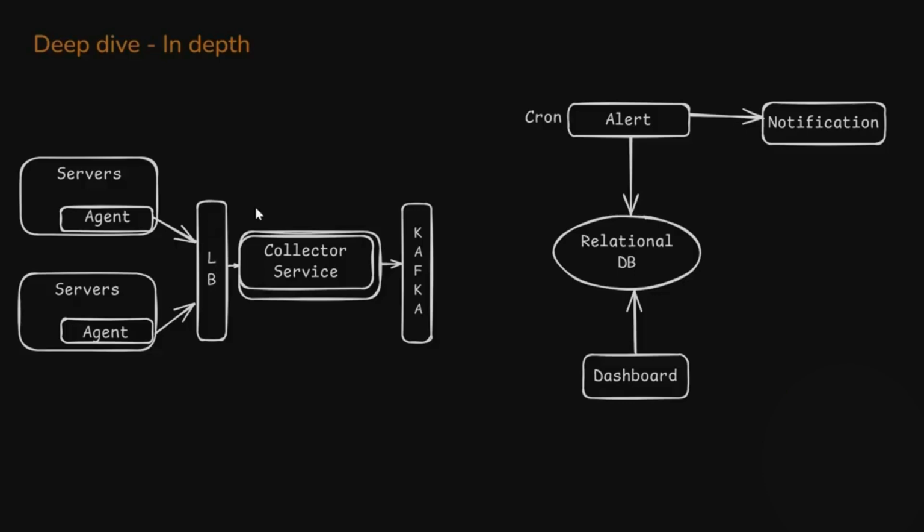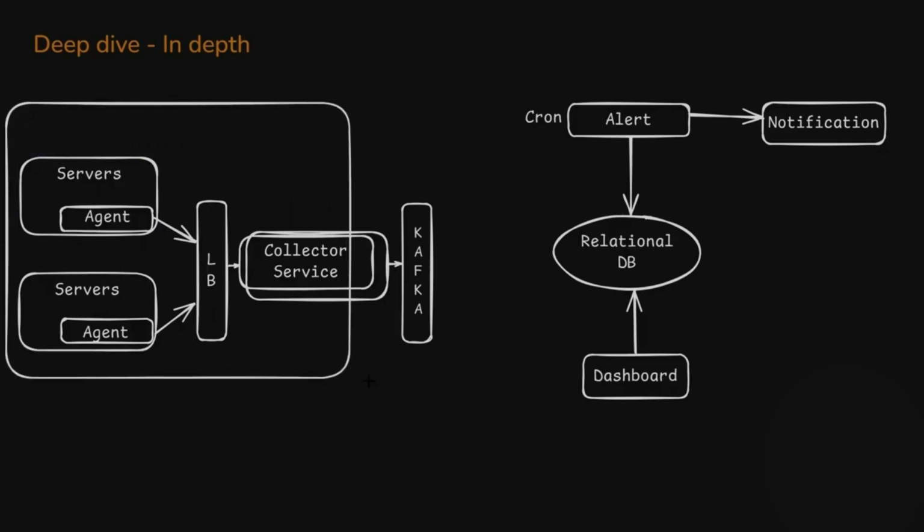Now you can see why I have not used the API gateway here, and why I have used the load balancer. That's the difference between a load balancer and an API gateway. This is not a public facing server. Probably this is wrapped under a virtual network here.